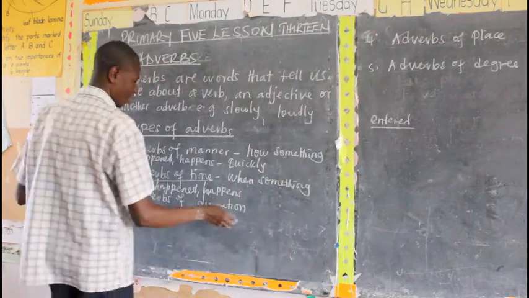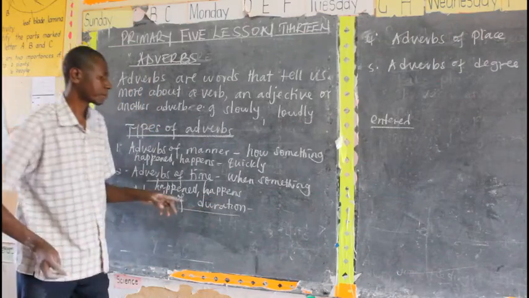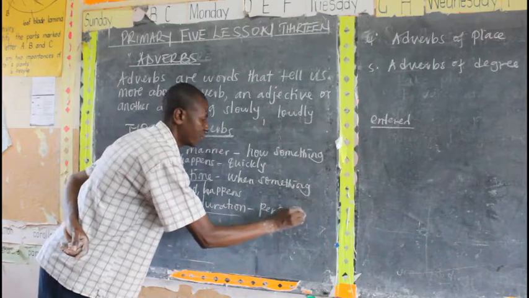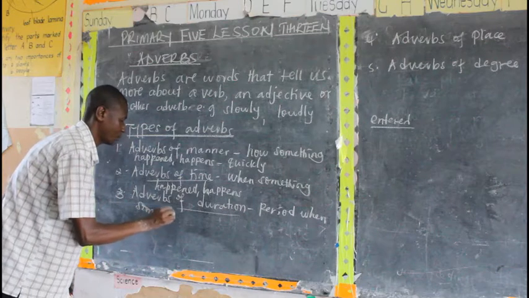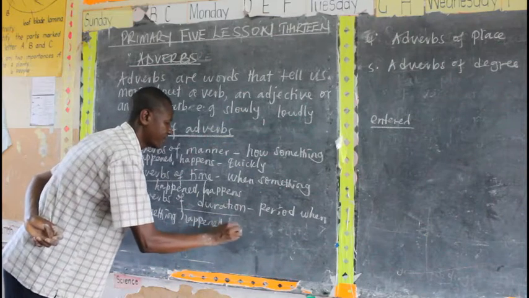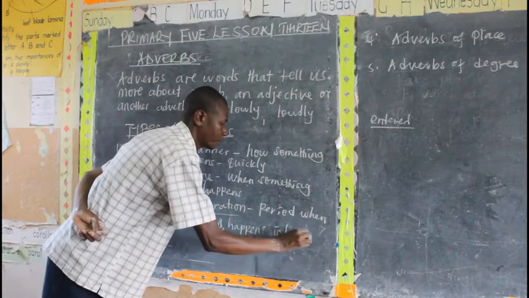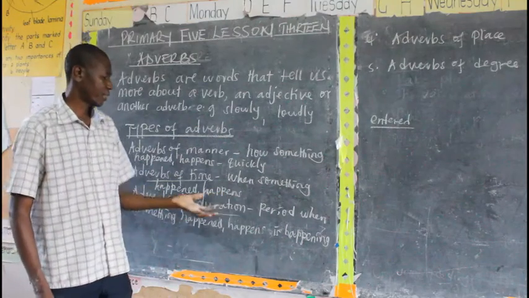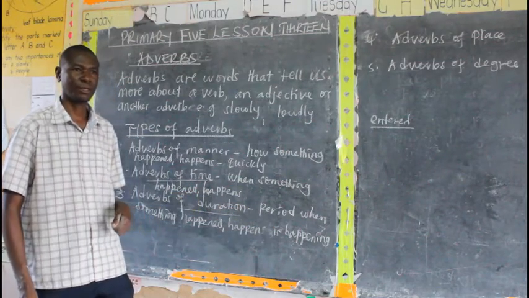Then we have what we call adverbs of duration. Adverbs of duration tell us the period when something happened, happens, or is happening.